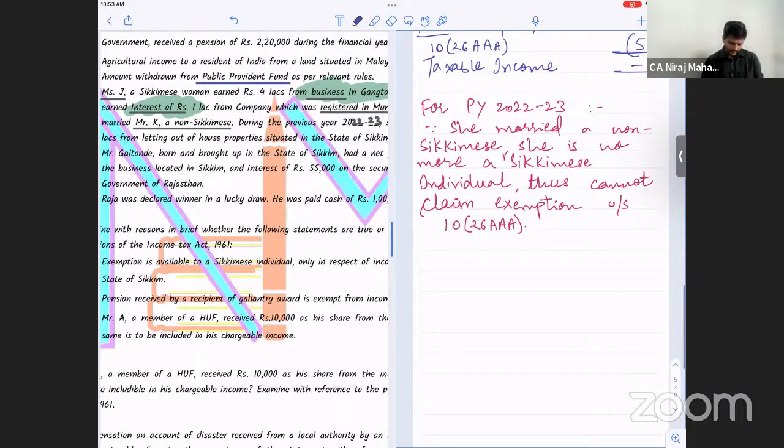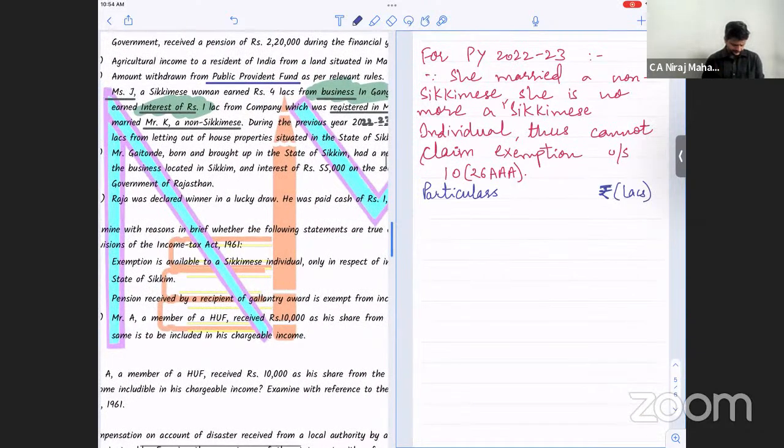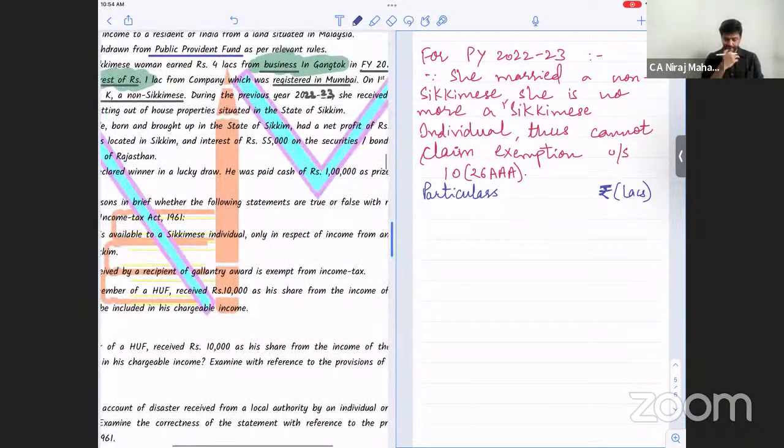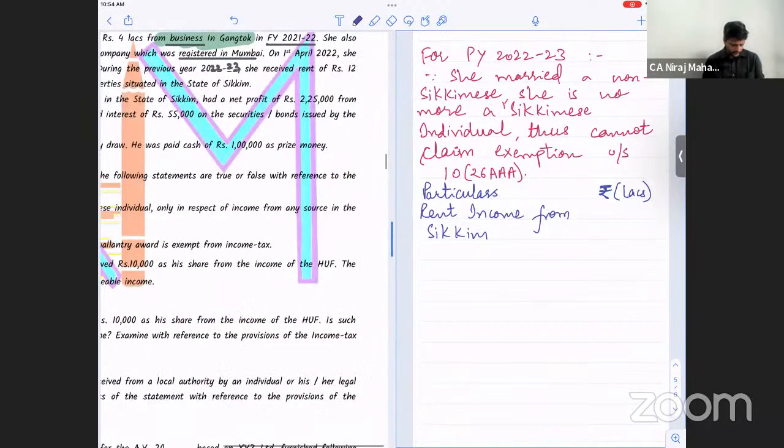So what are her incomes? She earned 12 lakhs from letting out a house property situated in the state of Sikkim. How much has she earned? 12 lakhs.